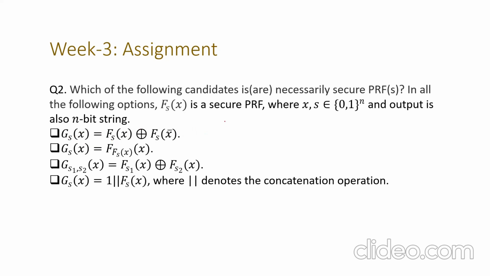Whether the PRF G is secure or not? Would anyone like to answer? This is a recapitulation of the week 2 live session, so I would appreciate it if anyone would like to answer in the chat.